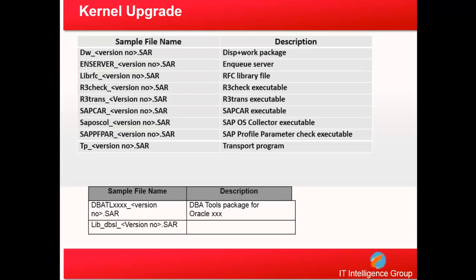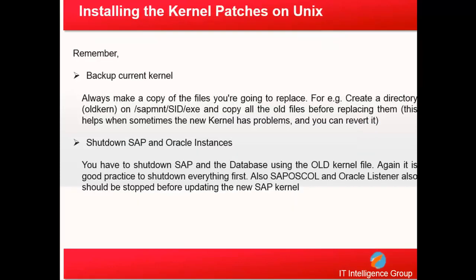Here these are some of the key files which we saw in the SAP marketplace. When you extract the kernel, you can see these files as well. Then let's go to the next page, with some key things before we can apply kernel patches.